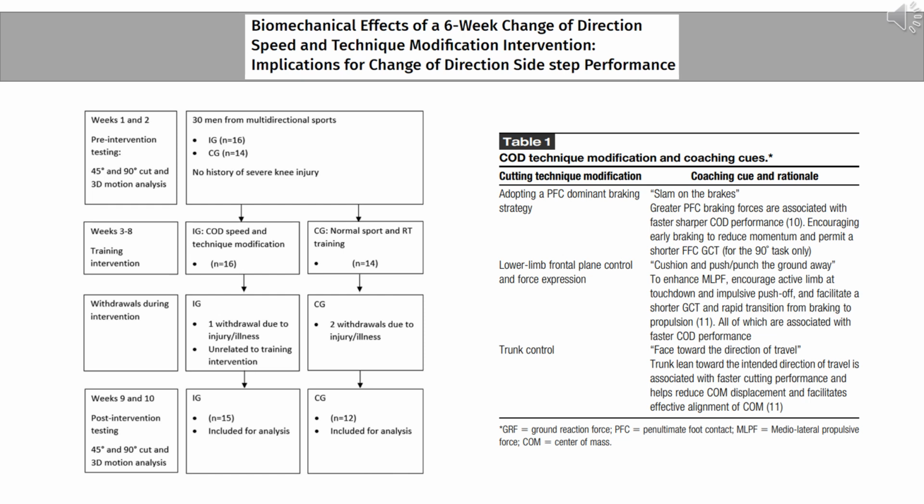And the reason for this is that to enhance our mediolateral propulsive force expression, we want to do that by facilitating shorter ground contact times and a more effective body position, which is where the lower limb frontal plane control aspect comes into it.